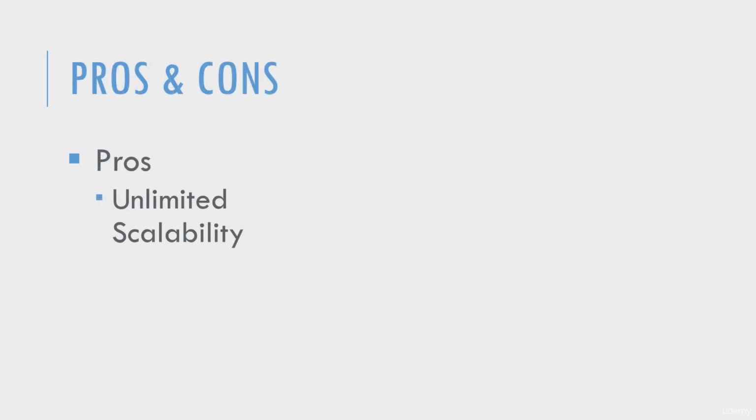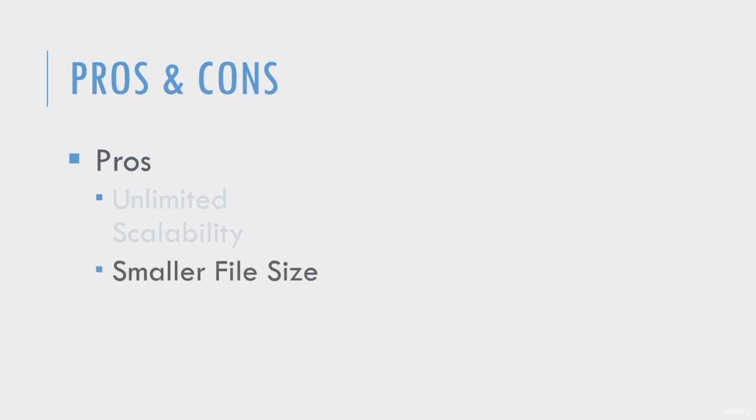We've already talked about some of the pros. As I've said before, probably the biggest pro for vector graphics is the scalability. You can instruct the computer to redraw that graphic at any scale you need. Another pro is that these files can be smaller when compared to a raster file.